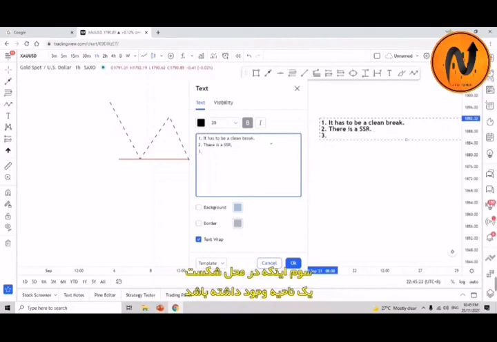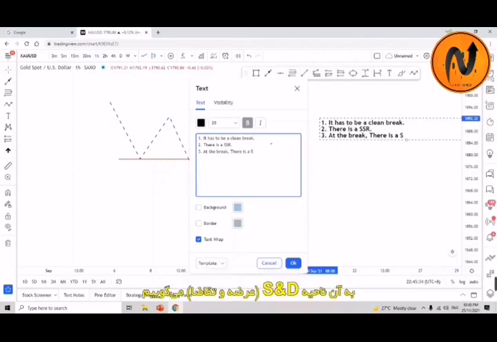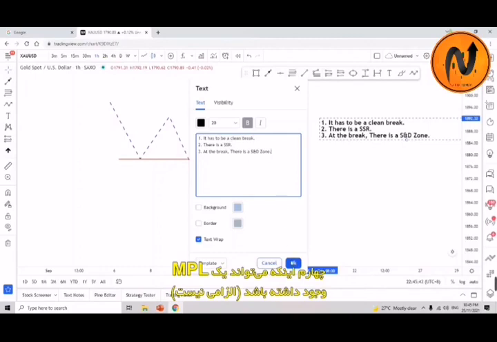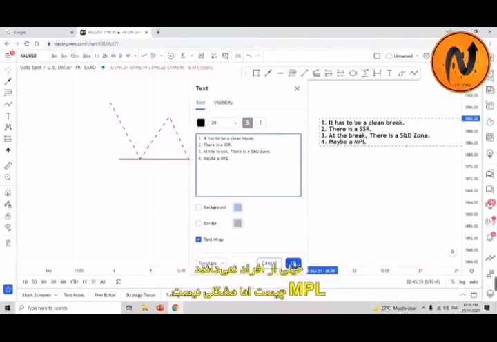Then the third one is that at the break, there is an S and D zone, so it's easy to find. So with these three rules over here, or maybe there's a number 4, maybe MPL. A lot of people do not know what MPL is.